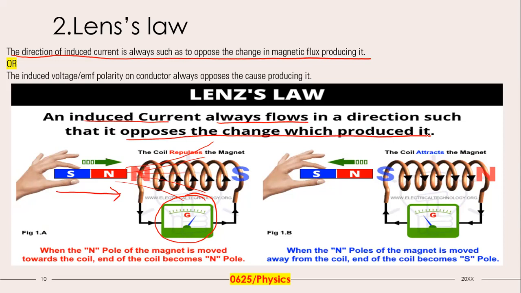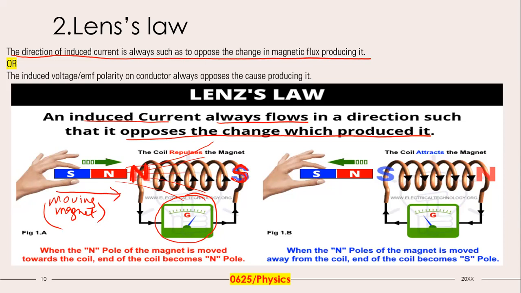So what is the cause that is producing the current in the coil? The cause is the moving magnet. So the coil has to stop that. The magnet can be stopped if the coil is an electromagnet and similar poles are induced at the end of the coil which is near to the magnet, which is a north pole, and the other one is the south pole.